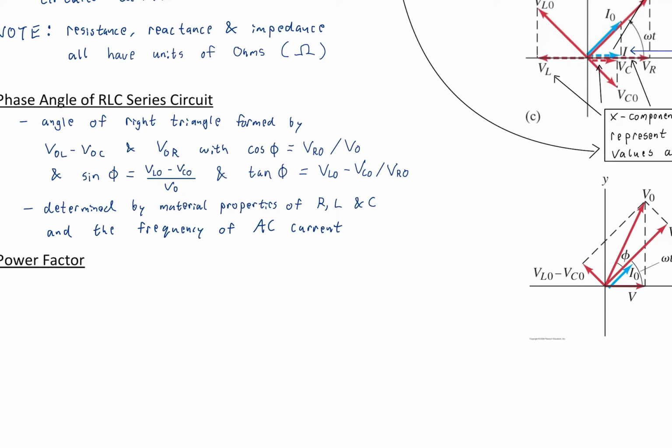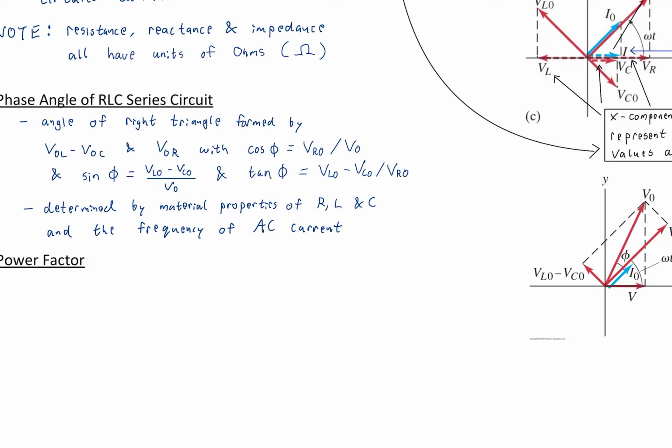So here is the phase angle shown up in our continually evolving phasor diagram. What change have we made from part C down to this last version of the phasor diagram? Well, what we've done is combined the voltages. Notice before we had the voltage across the capacitor and the voltage across the inductor shown separately, which makes sense. But look, they're along a single axis.